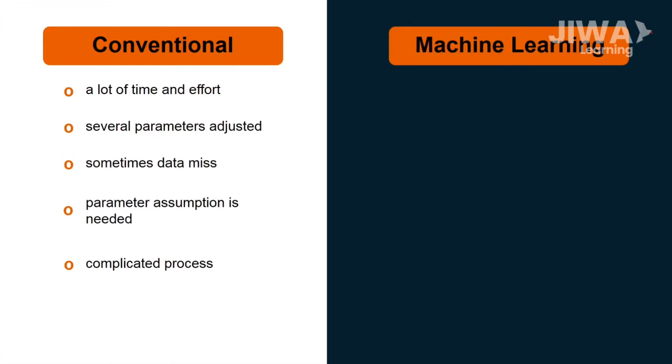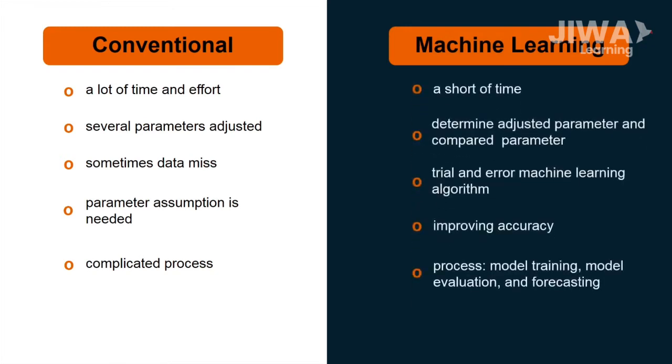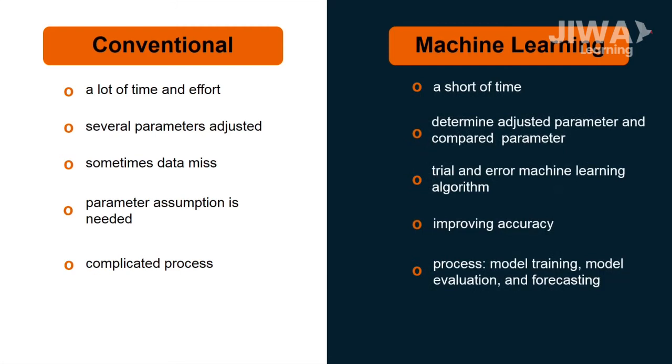History matching using machine learning is done by inputting field data and determining which parameter will be adjusted and which parameter will be compared. Generally, the parameters compared with the field data are mass flow rate and pressure. The process of history matching using machine learning starts with training models, model evaluation, and forecasting.